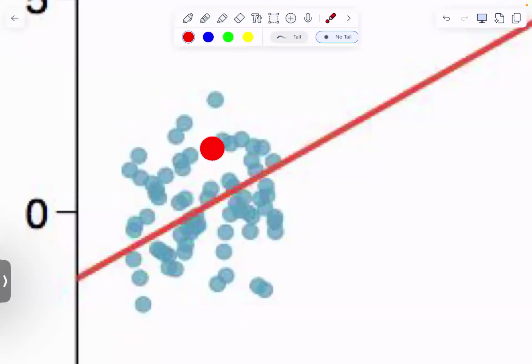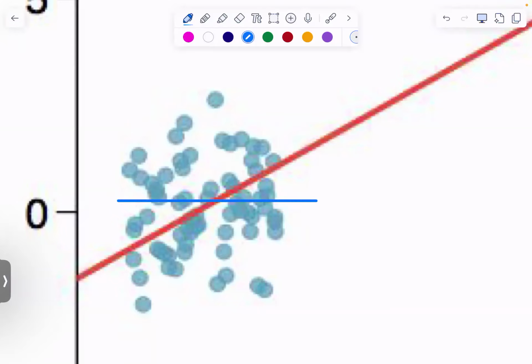This looks like just a cloud to me. I'm not seeing a pattern. So you get this false sense of a relationship when there isn't one.